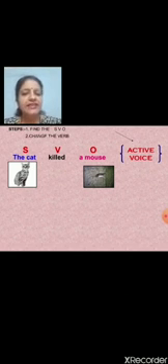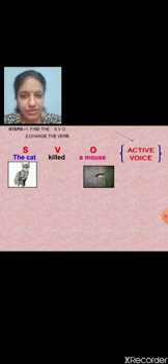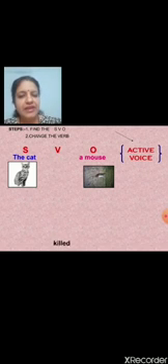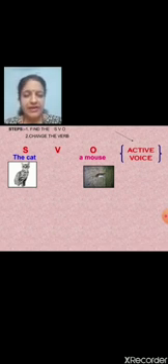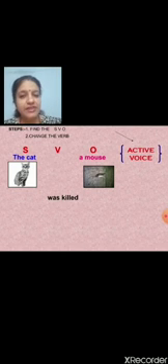Okay. The second step, we need to change the verb. We have already learned how to change the verb. So, how to change the verb? The verb killed will get changed into two forms, that is past participle form and its respective to be form. So, killed changes to was killed. Okay.